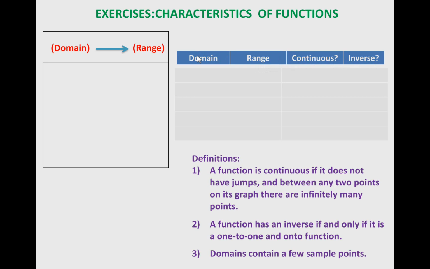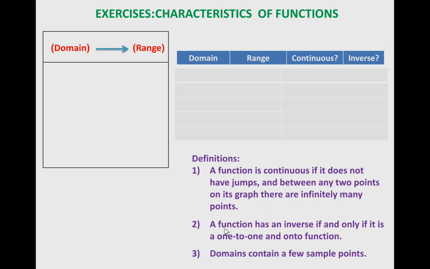To start with, let's do some definitions. What makes a function continuous and what makes a function have an inverse? For continuous, definition number 1 says a function is continuous if it does not have jumps, and between any 2 points on its graph there are infinitely many points.